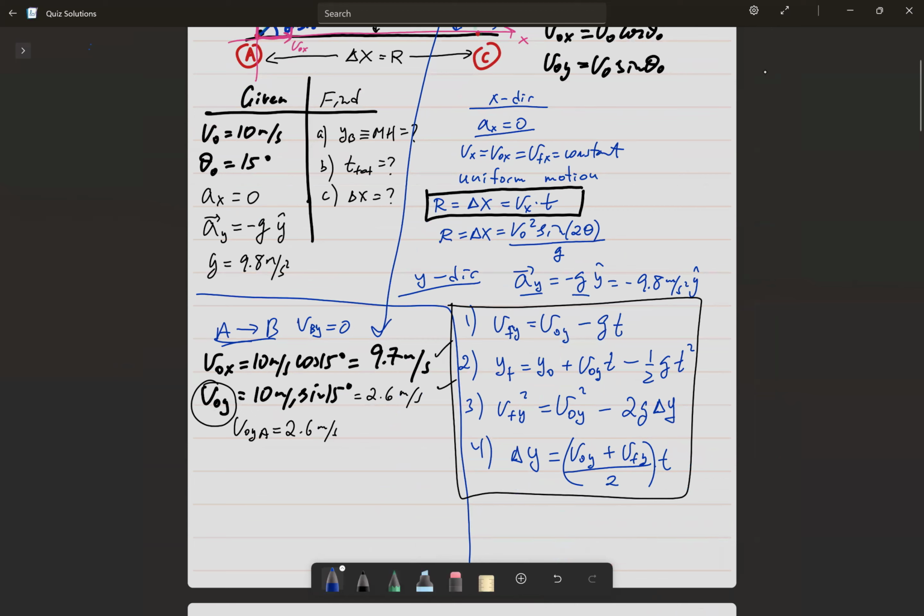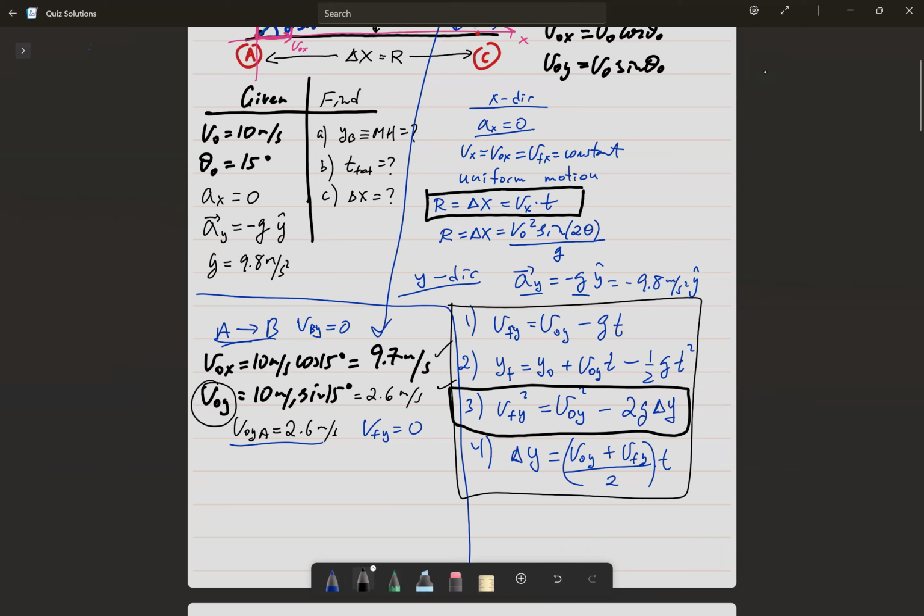So my initial velocity is 2.6. My final velocity in the y direction is going to be 0. And since I also have acceleration, I can combine them together, initial velocity, final velocity, and acceleration, and use equation 3, because I'm not given the time, and equation 3 is time independent.